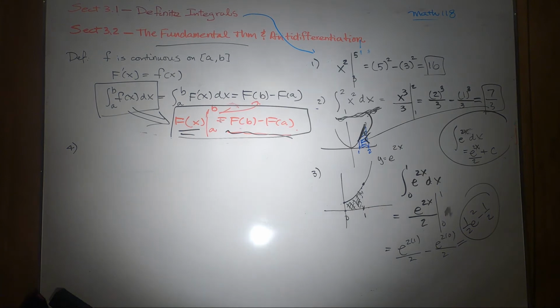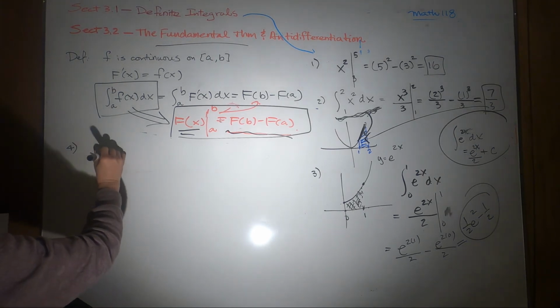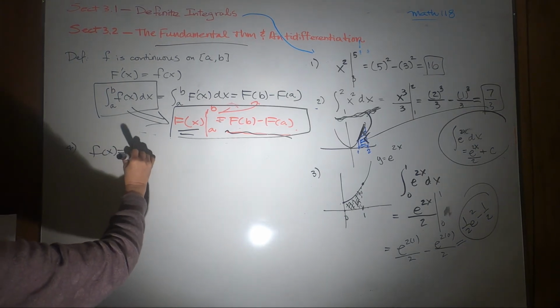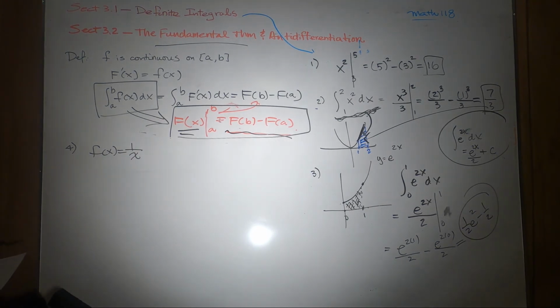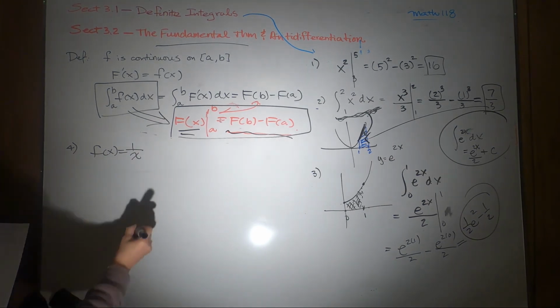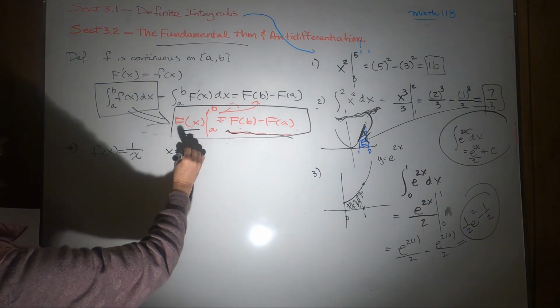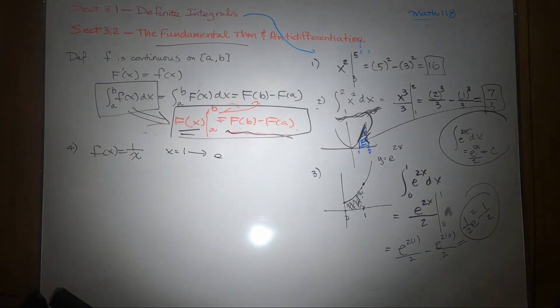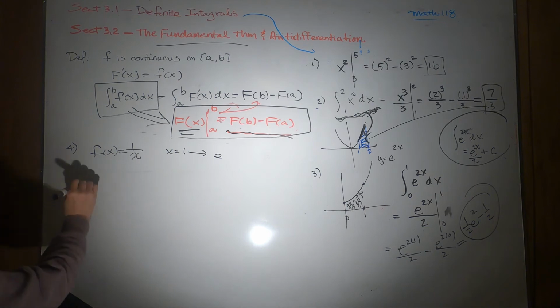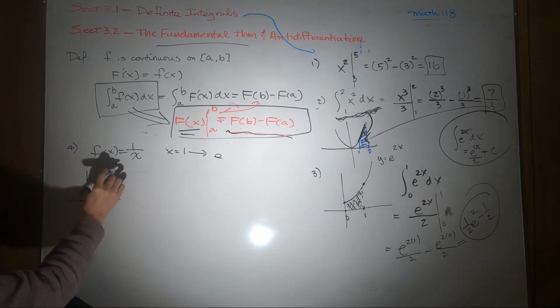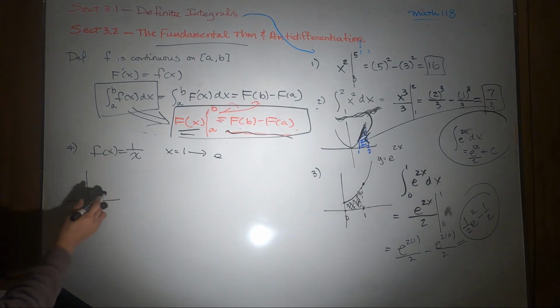Okay. Here it says, find the area under f of x, where f of x is this. Use your calculator to graph this, right? From x is 1 to e. So what does the graph look like? X cannot be 0, right?